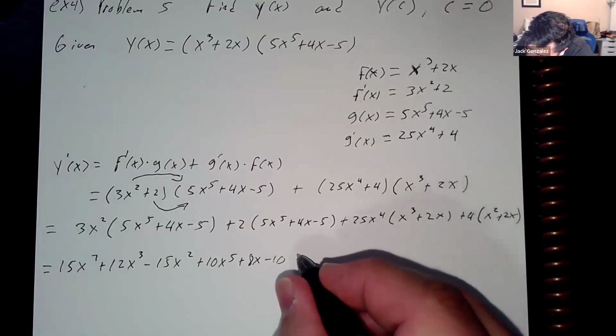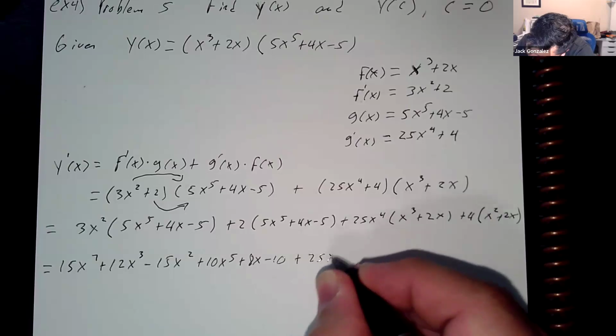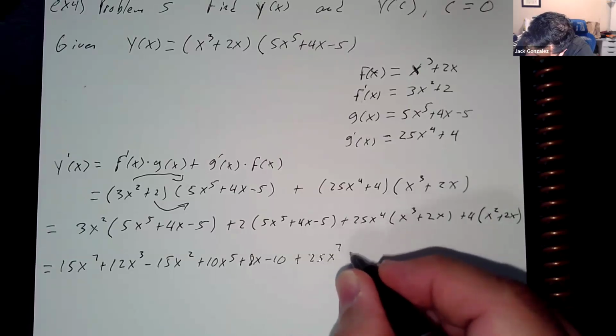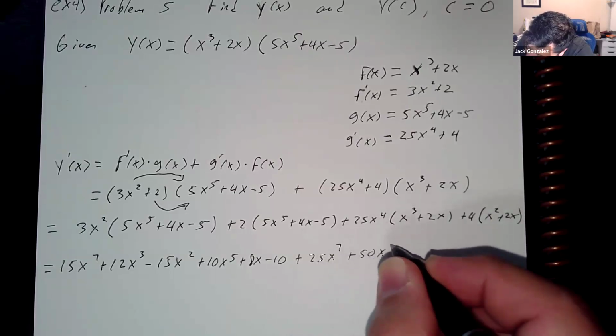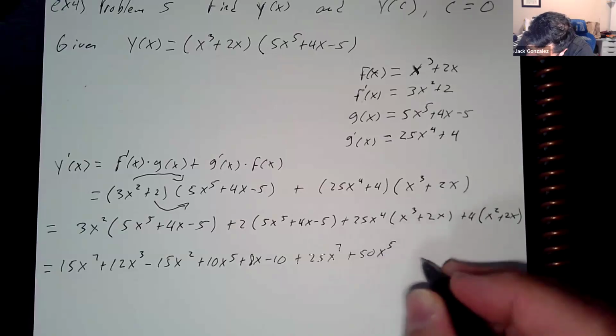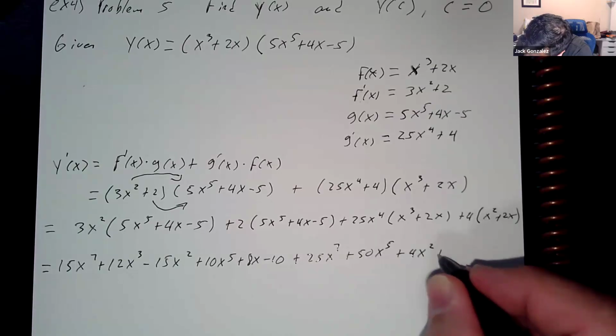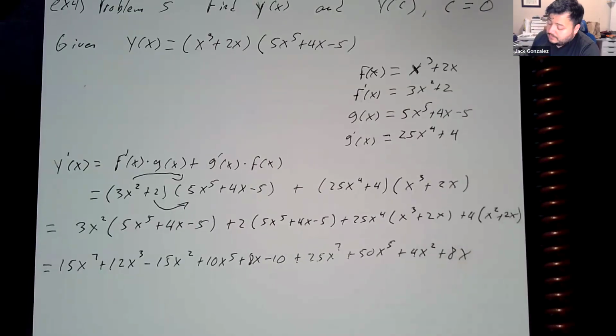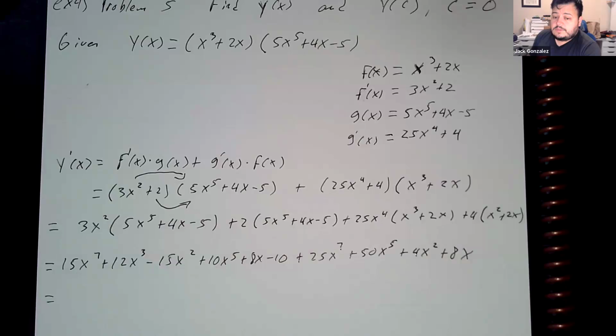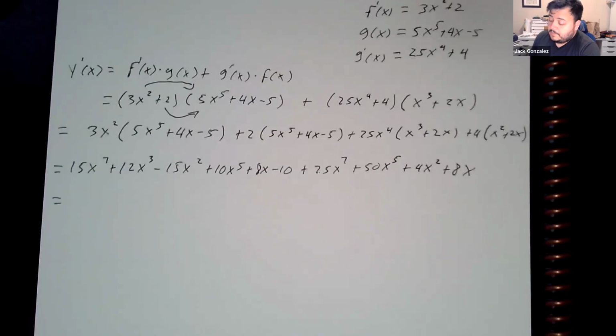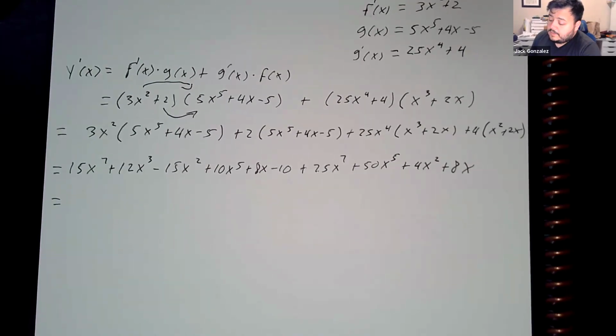That'll be plus 25x to the 7 plus 50x to the 5th plus 4x squared plus 8x. Okay, there's all the multiplication. Combine everything.